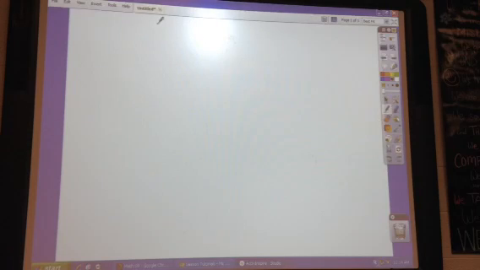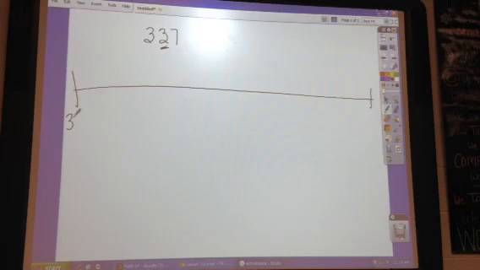We can do this with 3-digit numbers also. If I have 337 rounded to the nearest 10, the 337 would come between 330 and 340 on the number line. 2, 3, 4, 5, 6, 7.